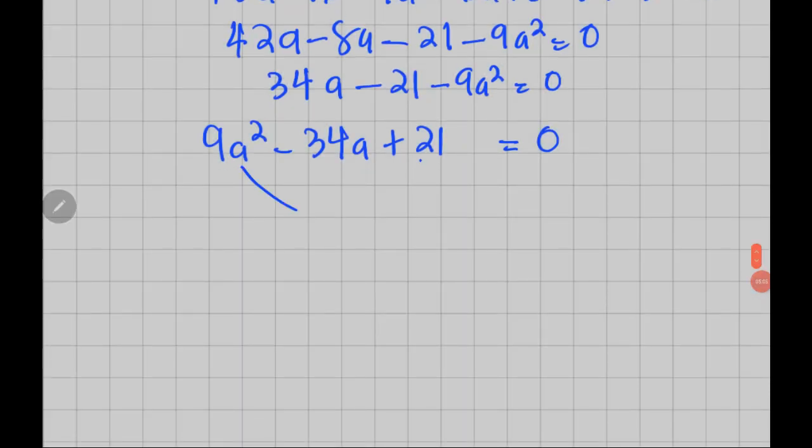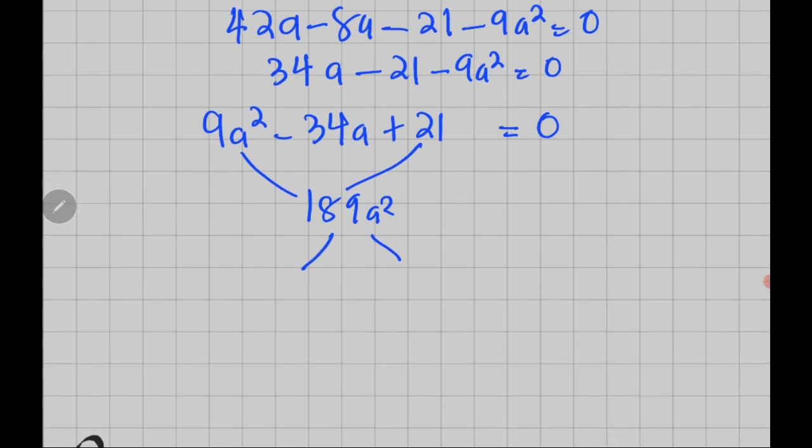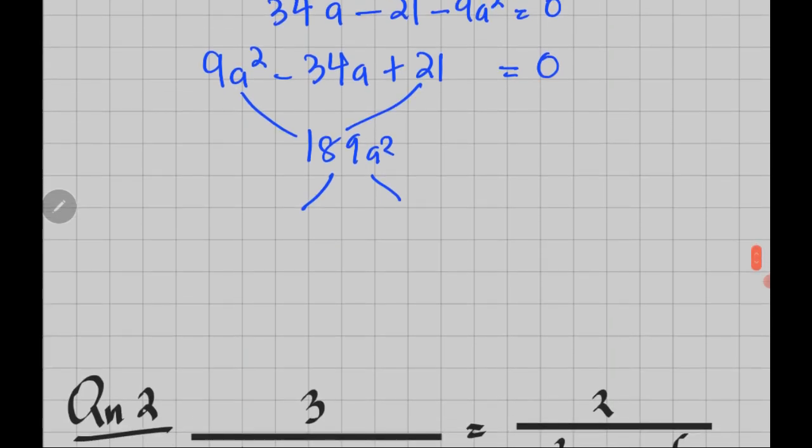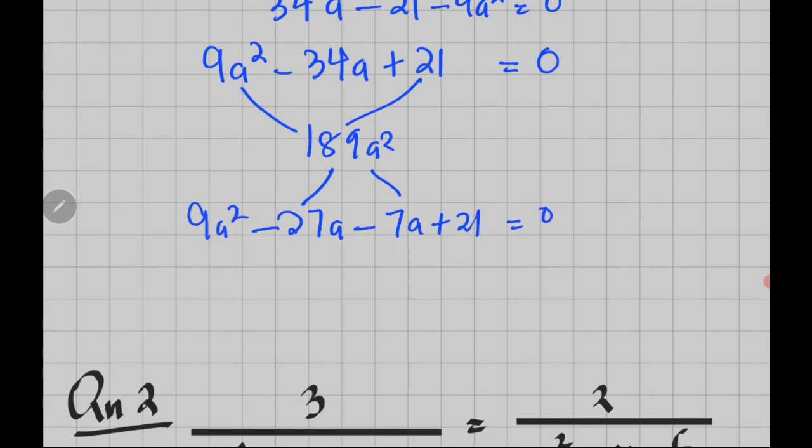If you multiply 9 and 21, you get 189a squared. So what are the two numbers which when you add, you get minus 34a, and when we multiply, you get 189a squared? These numbers are negative 27a and negative 7a. So you get 9a squared minus 27a, minus 7a plus 21 equals 0.